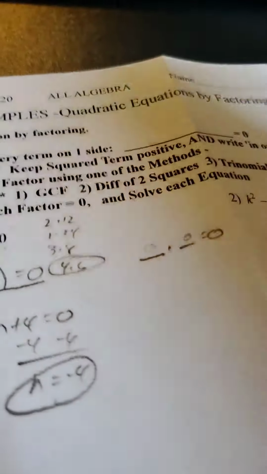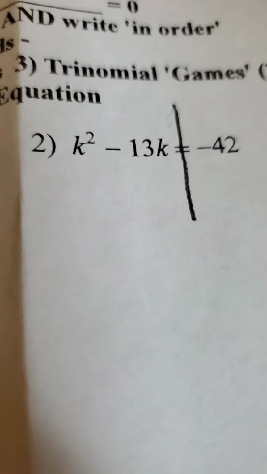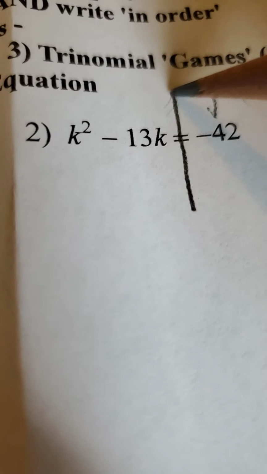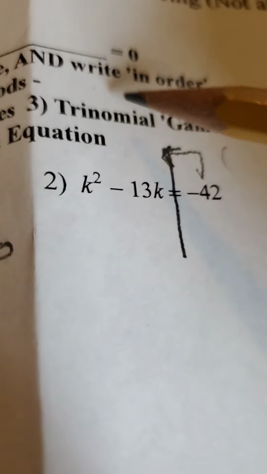Problem 2, if everything's not on one side, you need to move everything to one side. Now, what I also mentioned in the notes, I'll open this up for you to see it, is keep the squared term positive. Since k squared is positive, I want to move things to the k squared side and also write everything in order.